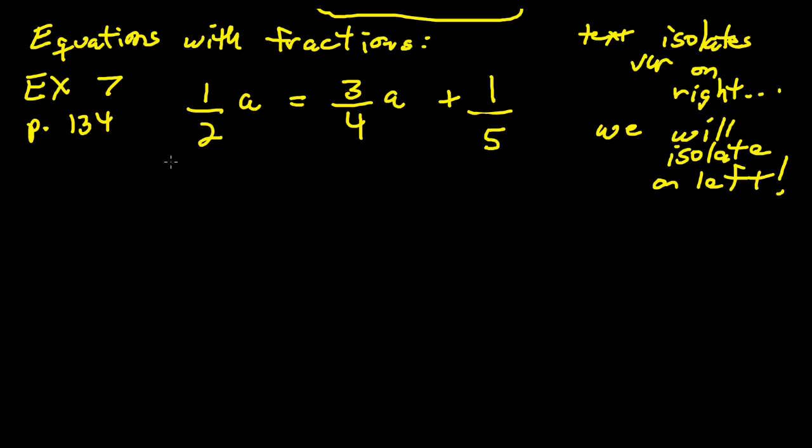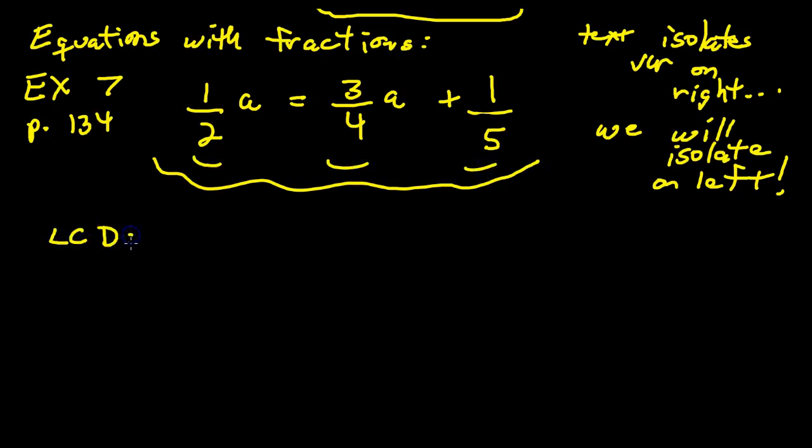First thing I'm going to do here is multiply through by the LCD. We've got 3 denominators here, 2, 4, and 5, and the least common denominator of all these denominators is, of course, 20. Let me rewrite the equation here.